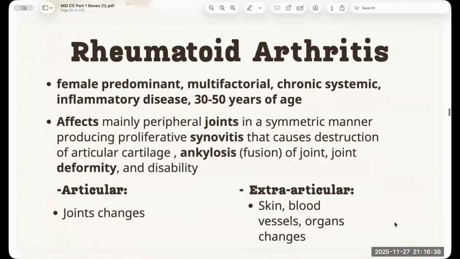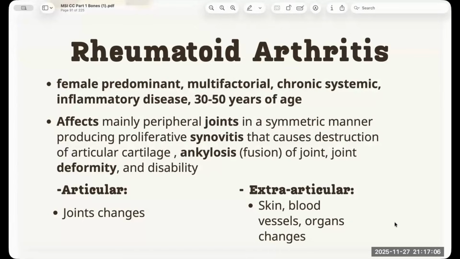Okay. Rheumatoid arthritis is a female-predominant disease. It's multifactorial, chronic, systemic, inflammatory, and shows in women aged 30 to 50 years, most commonly. It affects peripheral joints, producing synovitis and ankylosis, which is basically the fusion of the joint.